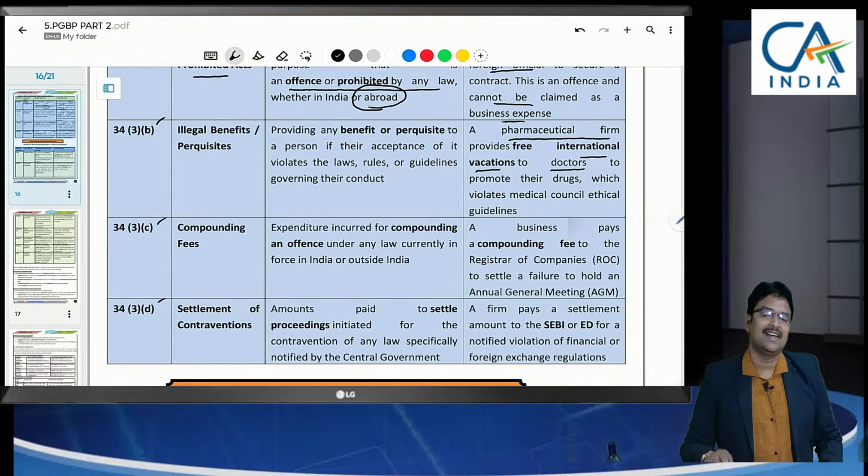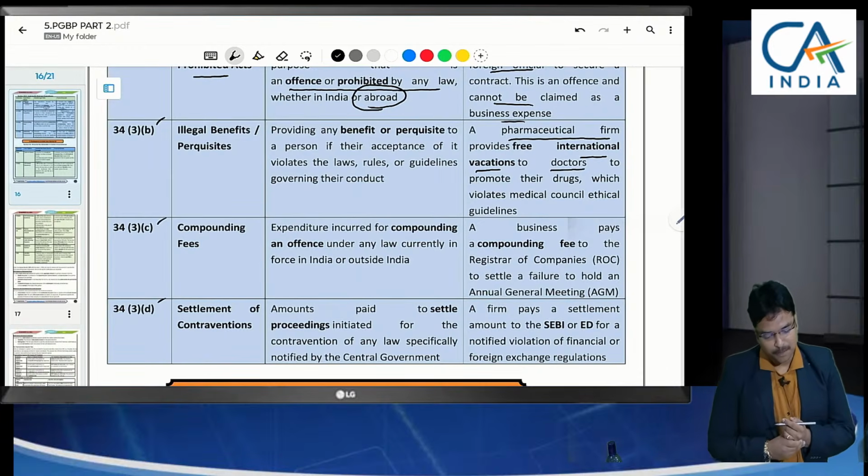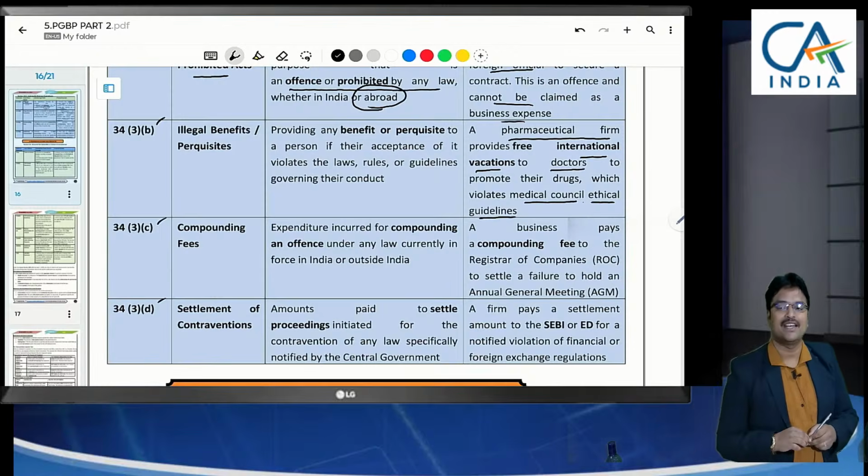But providing such incentives to a doctor is prohibited under medical law. Doctors should not be given commissions or perquisites like that. It is prohibited by law and violates the guidelines of the medical council. That's why you cannot claim this as expenditure.